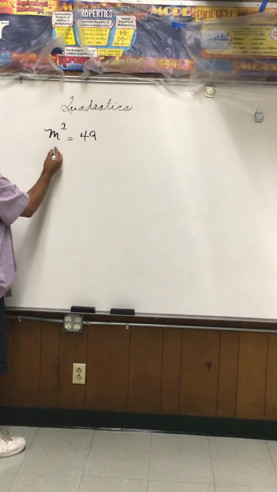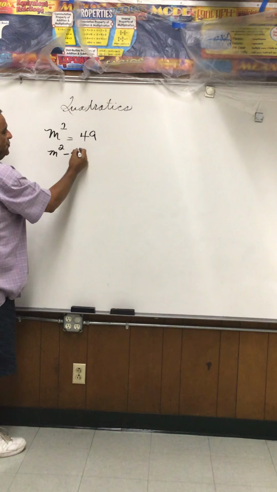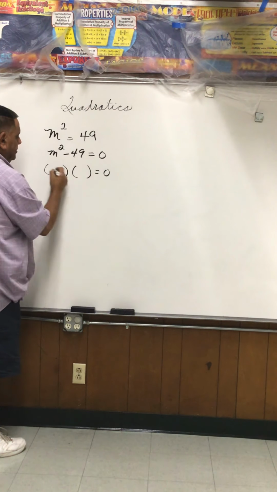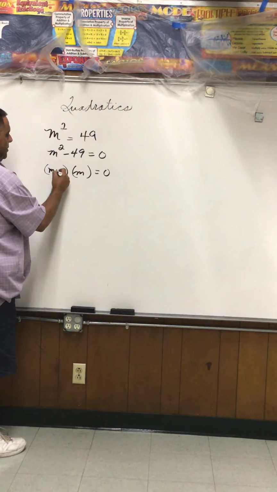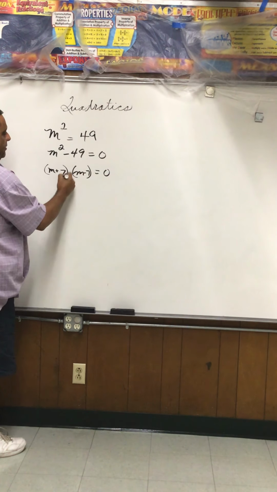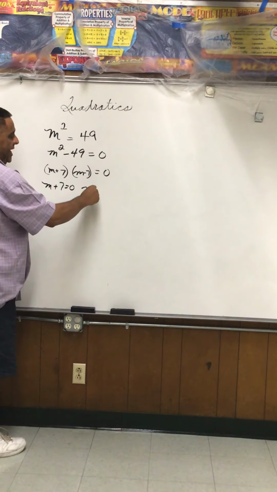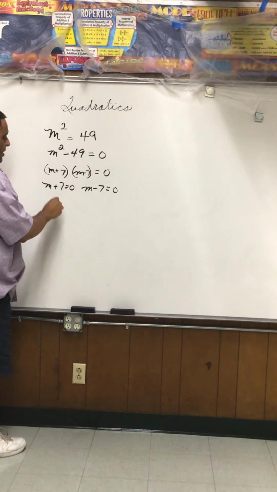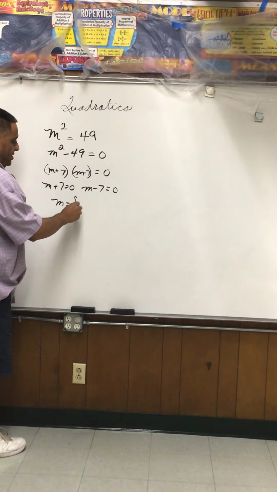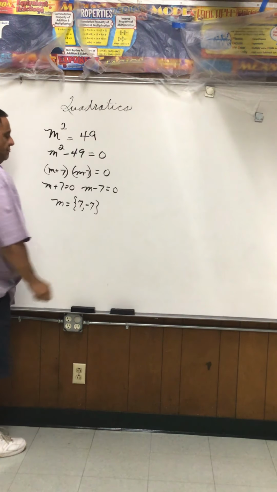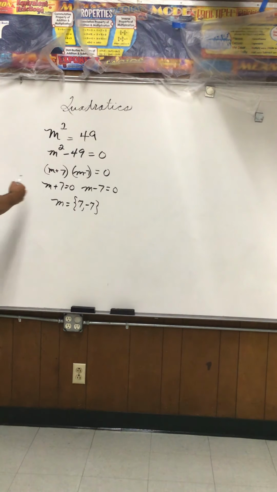We could either move this over and go m squared minus 49 is equal to 0, then factor it out, and then set each factor equal to 0. M plus 7 equals 0, m minus 7 equals 0, where m has a solution set of 7 and negative 7. All right? That's one way.